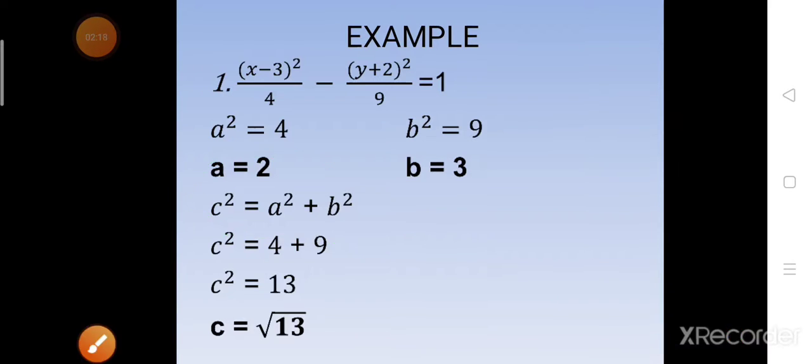So c squared is equal to 4 plus 9, where 4 is the value of a squared and 9 is the value of b squared. So c squared is 13, and c is the square root of 13.